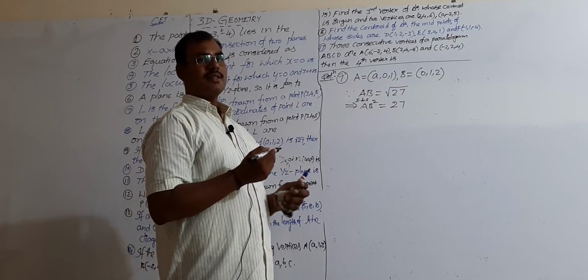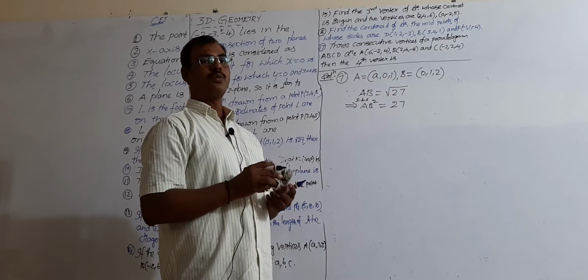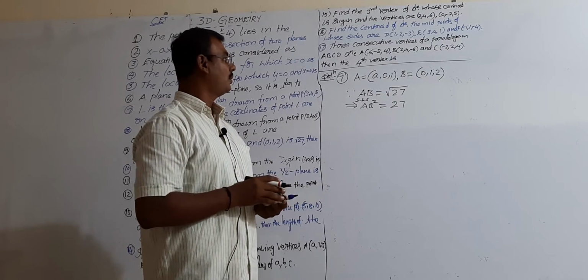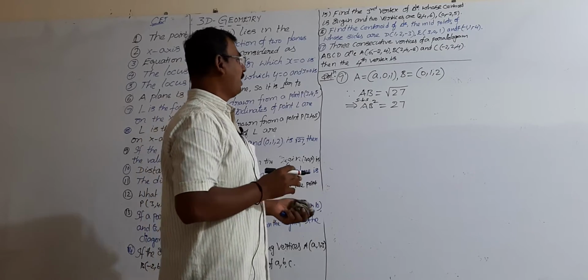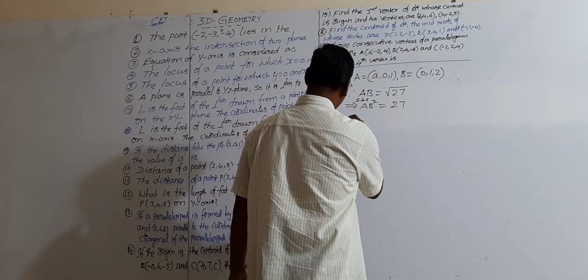Now, we know the distance between 2 points is the square root of (x2 minus x1) whole square plus (y2 minus y1) whole square plus (z2 minus z1) whole square.